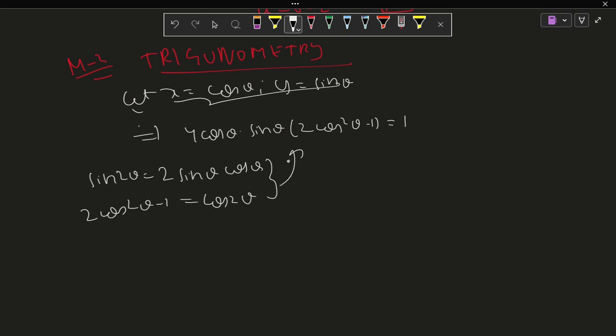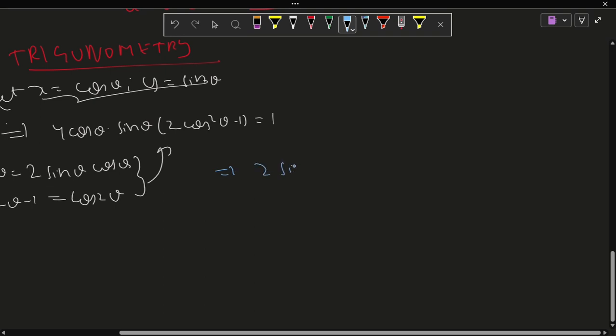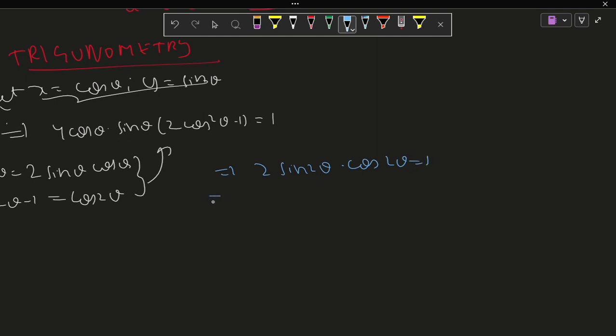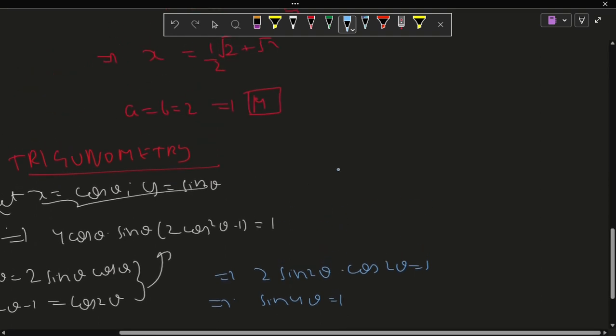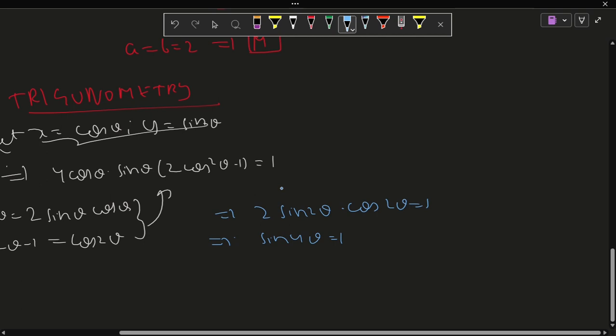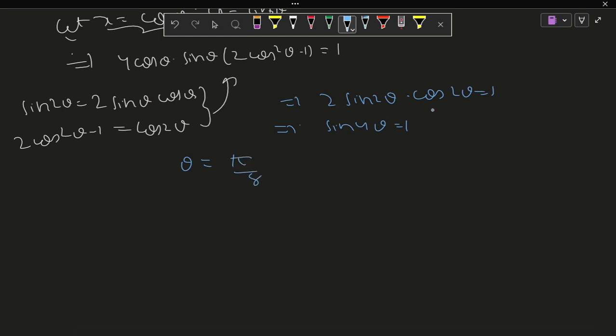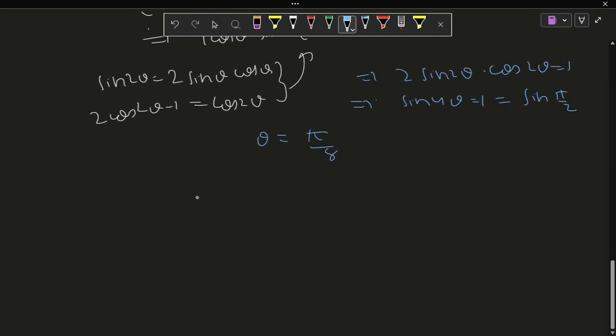So using these two, we can write this as 2 sine 2 theta into cos 2 theta is equal to 1, and this again becomes sine of 4 theta is equal to 1. And also note that here I am considering only the principal values in the first quadrant from 0 to pi. So simply I will take theta as pi by 8, because this is equal to sine pi by 2. So we have found x, which was cos theta, as cos of pi by 8.